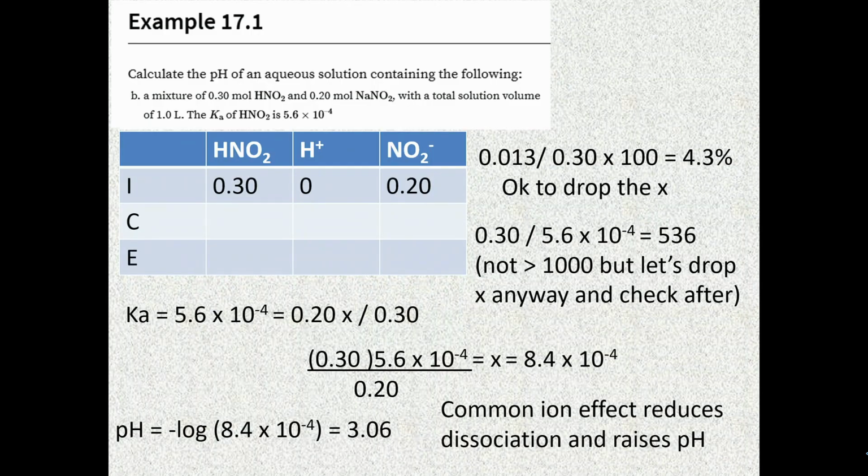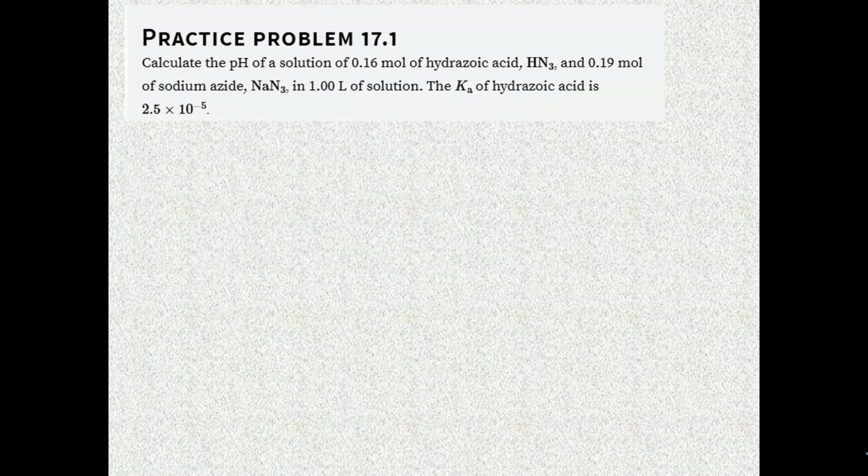So the common ion effect reduces dissociation and raises my pH. Now, this works for other things, but we're focused on acids and bases right now. When we get into the rest of chapter 17, we look at solubilities, common ion will have the same thing. It will reduce dissociation. But for now, we want to know that it reduces dissociation and raises the pH.